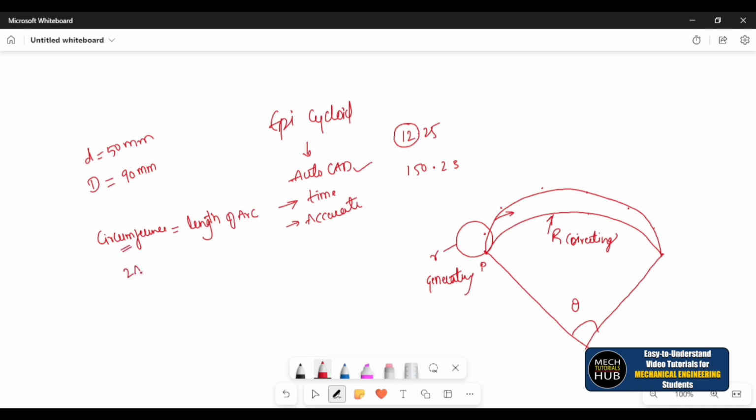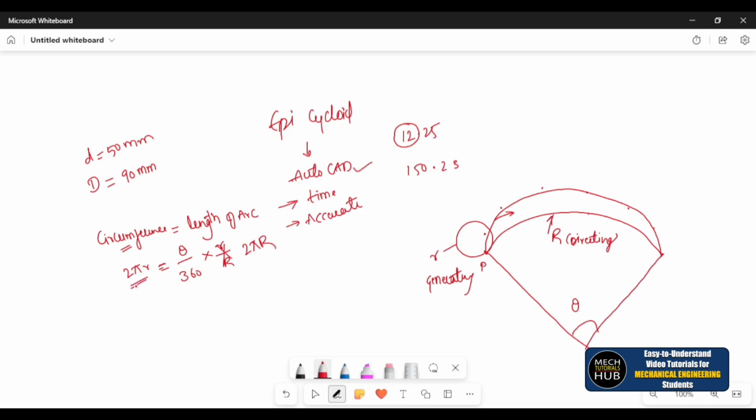It is 2 pi r, that is equal to, now the distance or the angle it is going to take is theta out of 360 degrees. Okay, only theta we are going to consider, followed by the generating circle and this 2 pi r of the generating circle.